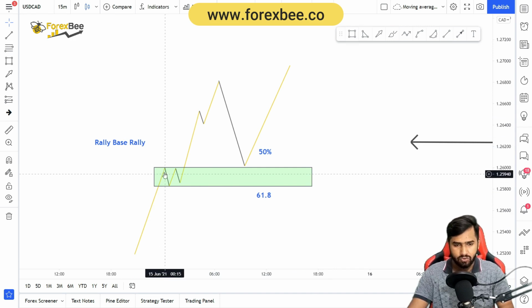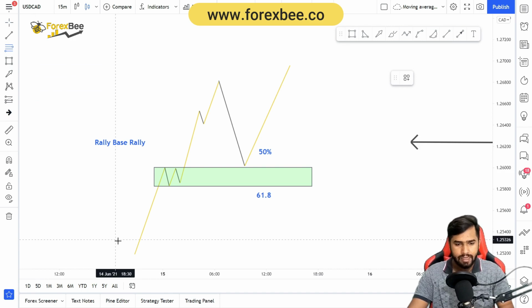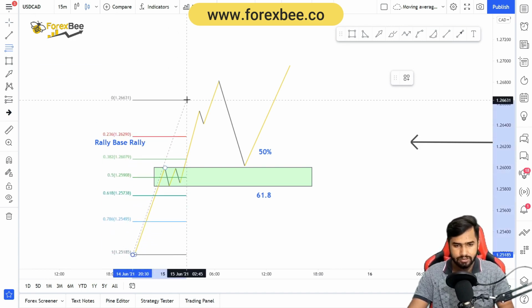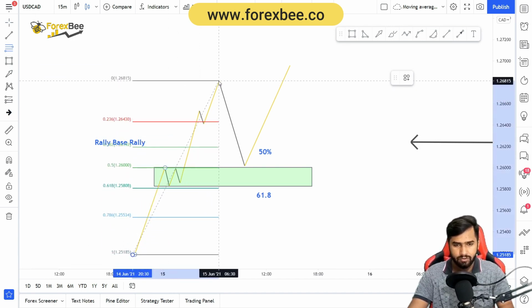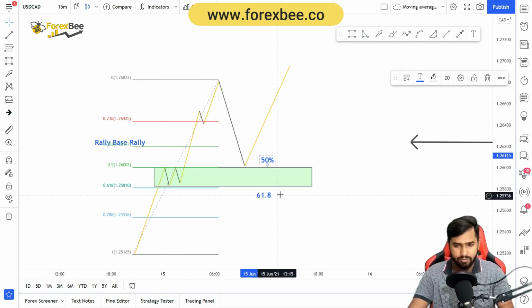So we have outlined that zone, and the next step in our analysis is to add the Fibonacci retracement in order to see if this zone is strong or not. Let me go ahead and get the Fibonacci retracement tool and draw the Fibonacci retracement. Once I draw this, we can see that this zone is in between our 0.5 and 0.618, or basically 50% and 61.8%.